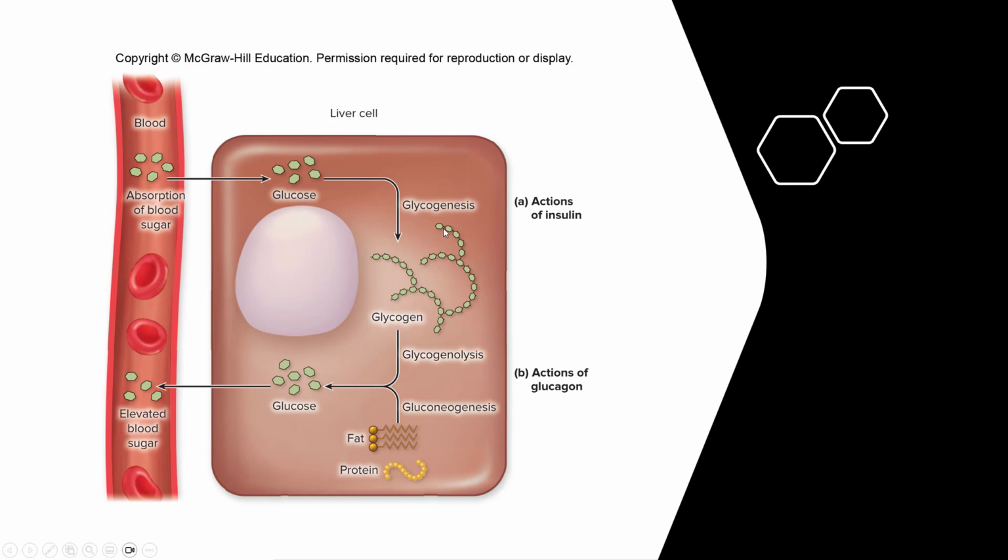So here, now we've got glycogen stored for later. If we get low blood sugar, then glucagon is going to cause that cell to break the glycogen down. Glycogenolysis. We're also going to convert fats and proteins into glucose, gluconeogenesis. Glucose starts to build up in the cell, and then it is released, bringing blood sugar back up.